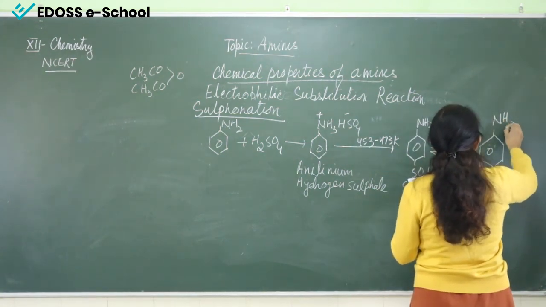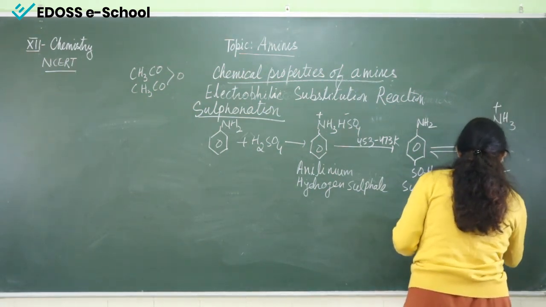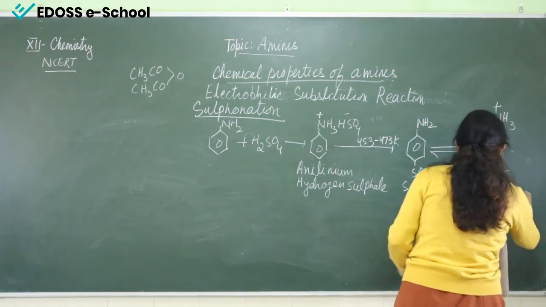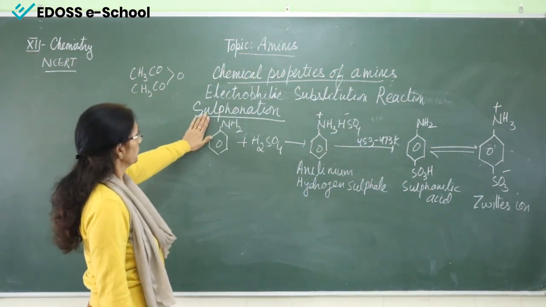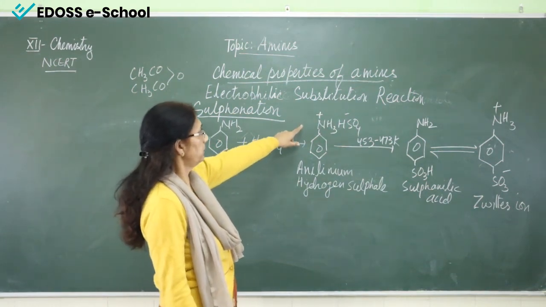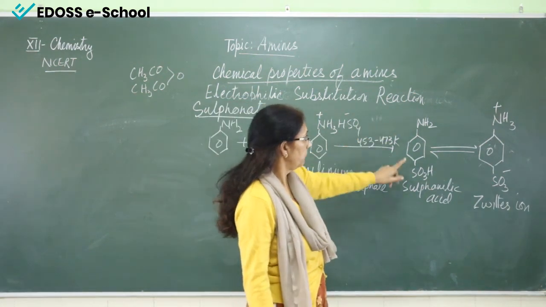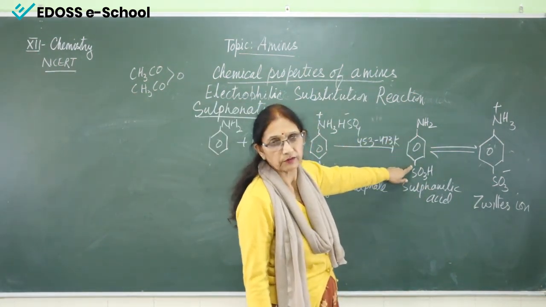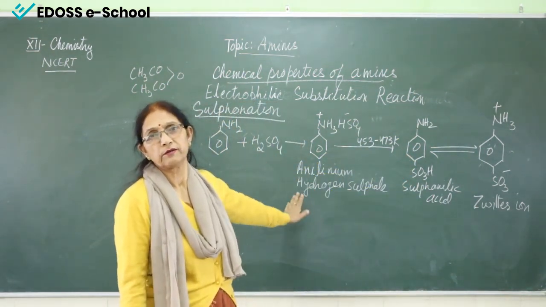So this is sulfonation. Aniline reacted with sulfuric acid gives an intermediate product, and on heating this intermediate product you can see we are getting sulfanilic acid, mono substituted. Here there is no need to do as we did in bromination and nitration.